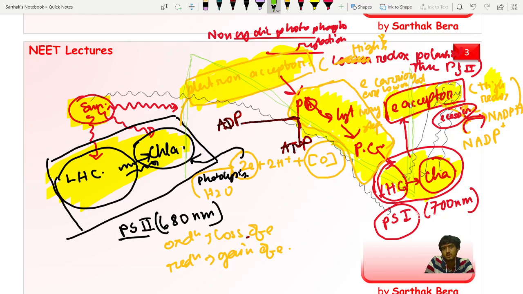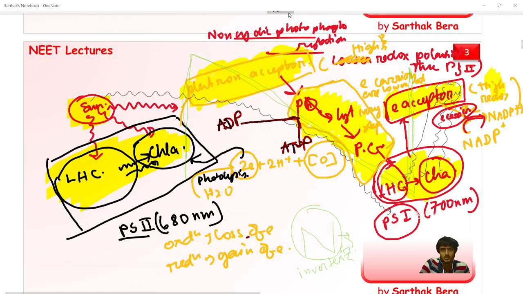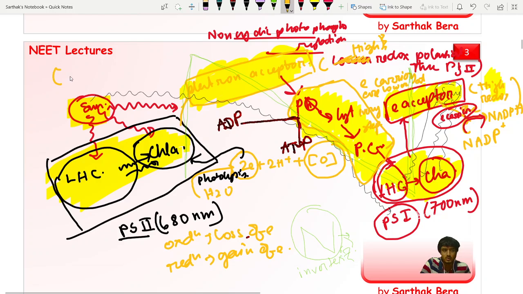So basically what you are seeing, this shape is forming, and this shape is an inverted Z. So non-cyclic photophosphorylation for this reason is also called the Z scheme.